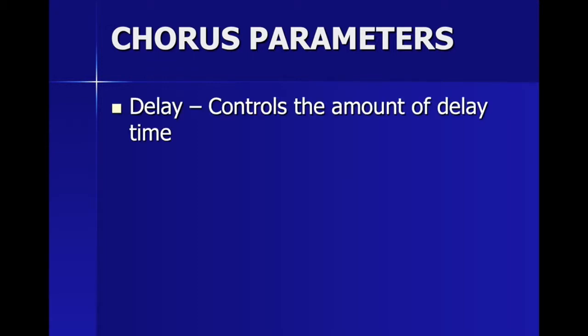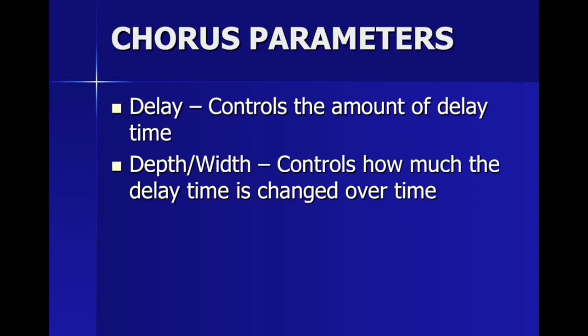Now, what are some of the parameters that you're going to find when you're looking at a chorus effect, whether it's a hardware piece, a guitar pedal, or a plugin that you might be running in your DAW? Well, first of all, you get control over the amount of delay time. Now, as I mentioned, there's not a lot of range there, from about 20 to 45 milliseconds, but the amount of that delay time will have an effect on how the chorus sounds, so you're able to control that.